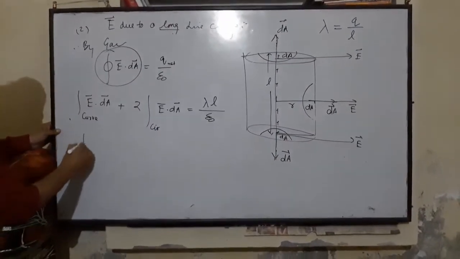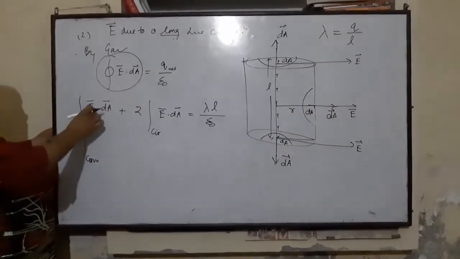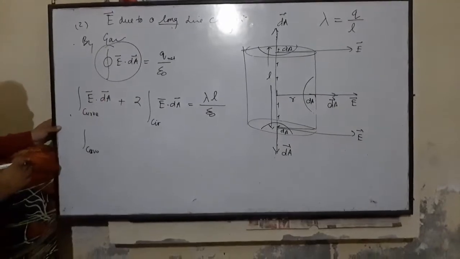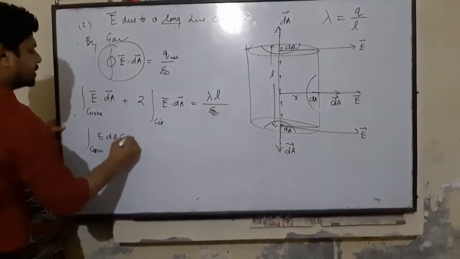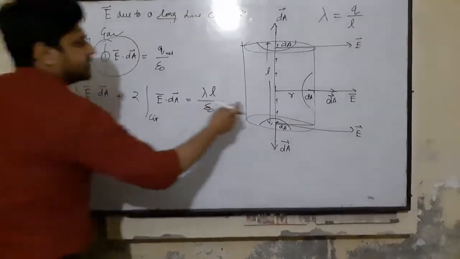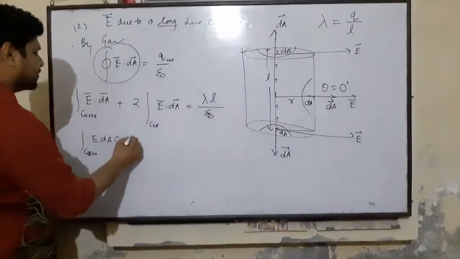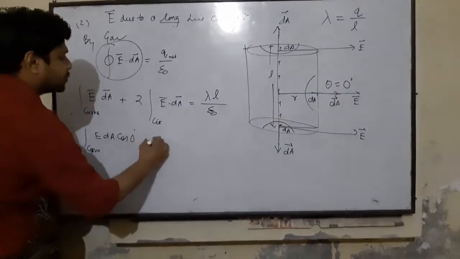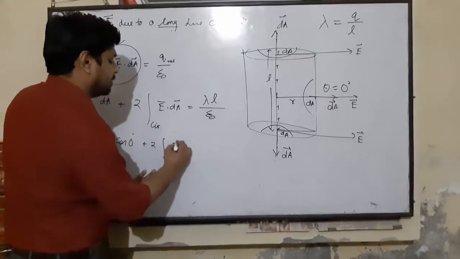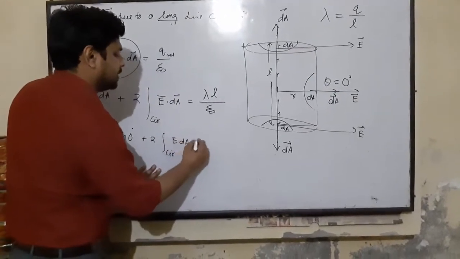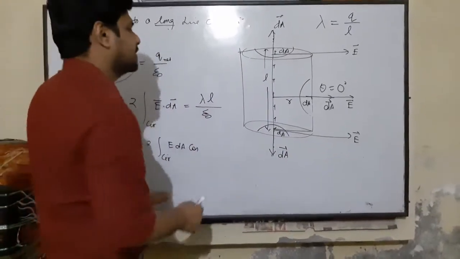For the curved surface, E dot dA is E dA cos theta, and here theta is 0 degrees, so cos 0. Plus 2 times E dot dA, E dA cos theta, where for the circular faces theta is 90 degrees.